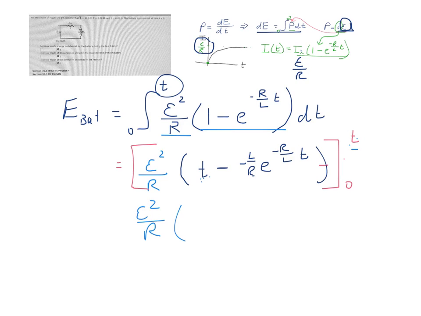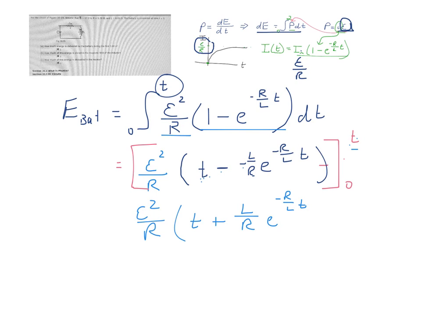So we plug in t for t, and those two negative signs make a plus, L over R, e to the negative R over L times t. That's plugging in t.